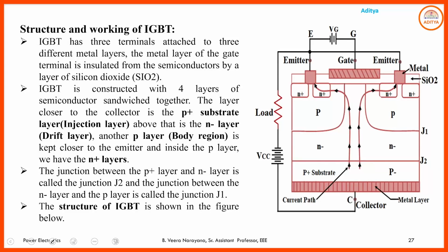If you go through the structure and working of the IGBT, this is the cross-sectional view of the IGBT. It has two junctions, J1 and J2, and four layers: P, N, P and N. The outer P-type substrate layer is called the injection layer.